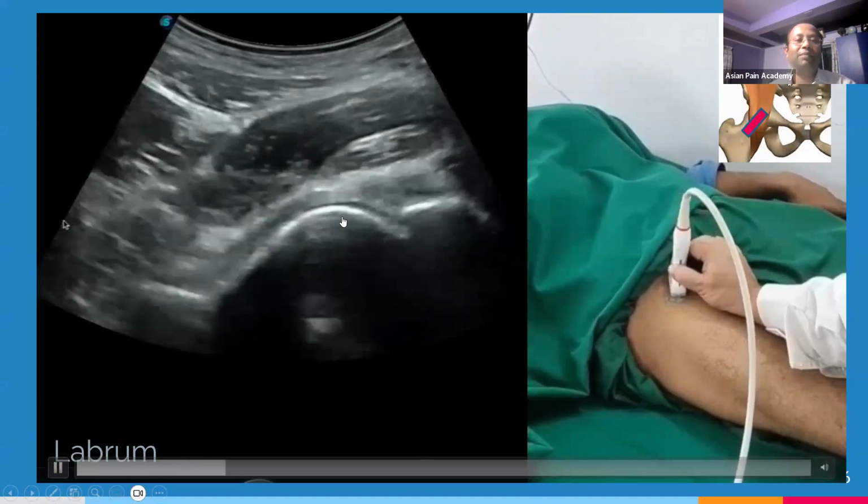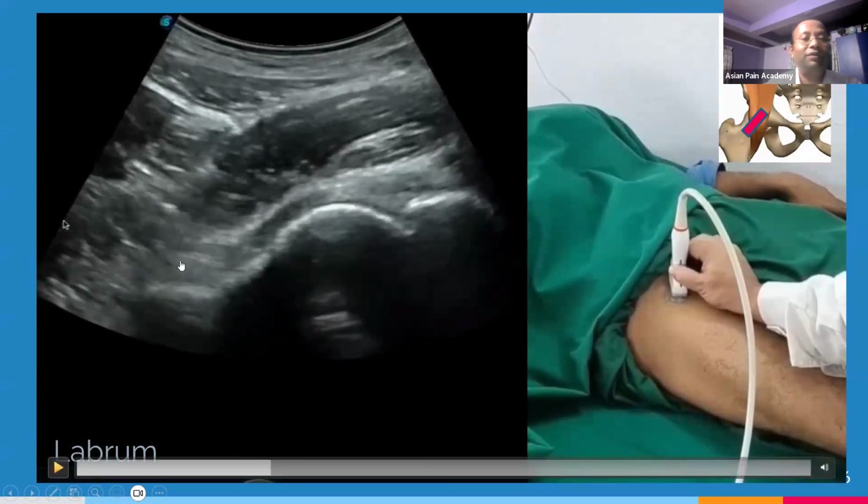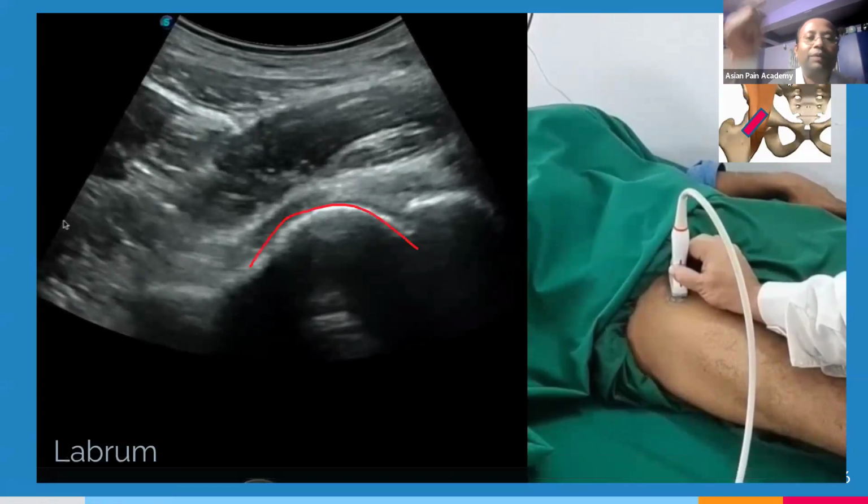Here we are seeing the labrum. Okay, so remember when we see the head of the femur, we see a thin line of cartilage also. So this is the head of the femur. So always first, in a very thick patient, it becomes very difficult to localize where is the joint.